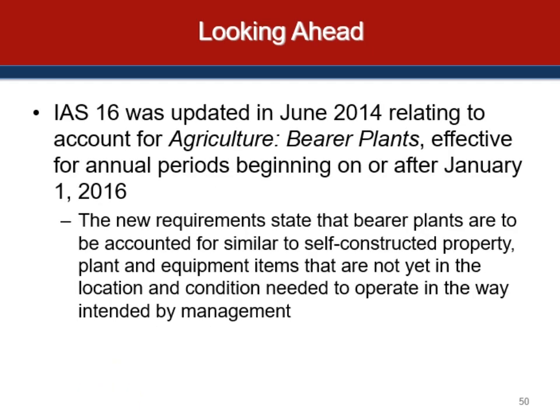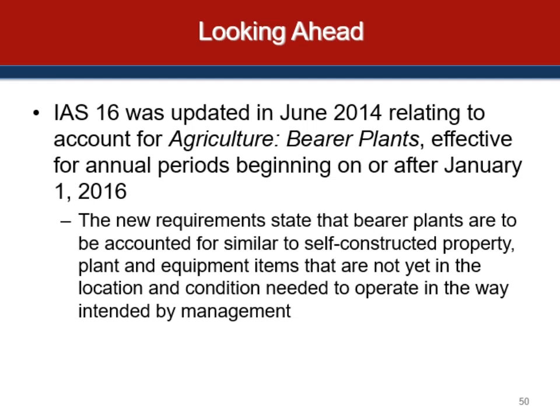IAS 16 was updated in June 2014 to deal with biological assets relating to agriculture, or bearer plants, so there's fruit-bearing trees and that sort of thing. The new requirements are effective on or after January 1st, 2016, so a couple of years ago now. The new requirements state that bearer plants are to be accounted for similar to self-constructed property, plant and equipment items that are not yet in the location and condition needed to operate in the way intended by management.